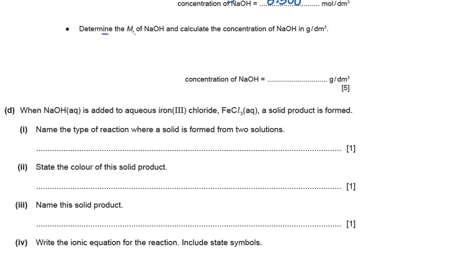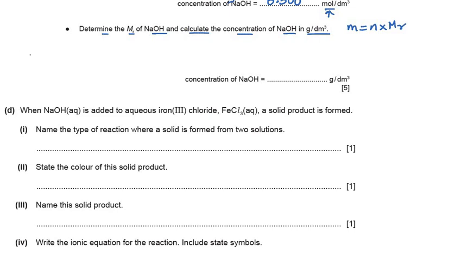Next step is determine the MR of NaOH and calculate the concentration of NaOH in grams per dm cube. Now our answer is in moles and we want it in grams per dm cube, that is we are going to change the moles into mass. Now if we want to change moles into mass, then the formula is moles times MR and we get the mass.